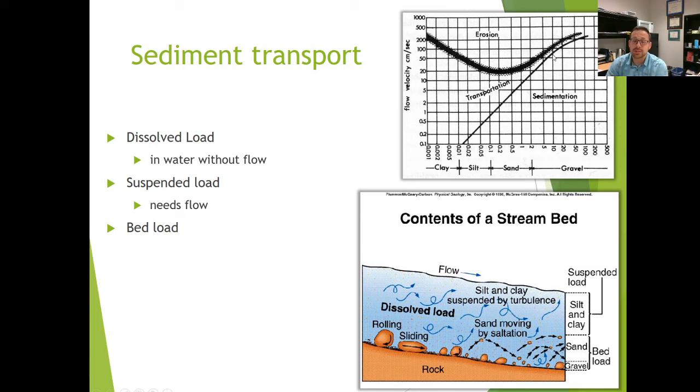Because it has inertia as it's rolling or moving down the stream, it doesn't take as much to keep it in suspension, but to erode it in the first place, it takes a little bit more. So in this portion of the graph, the speed at which it takes to actually erode is a little bit higher. So it makes sense where this goes down, but the tricky part is, why does this go up?